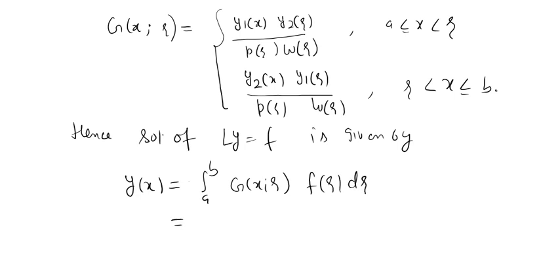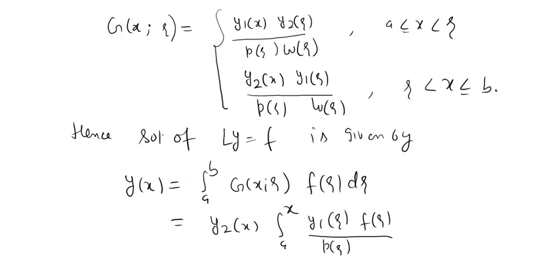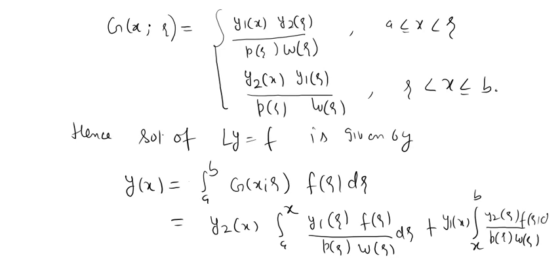Now write it separately: y2(x) times the integral of y1(xi) f(xi) upon p(xi) W(xi) d xi first, then the second term, from x to b, which consists of y2(xi) upon p(xi) W(xi) f(xi) d xi.